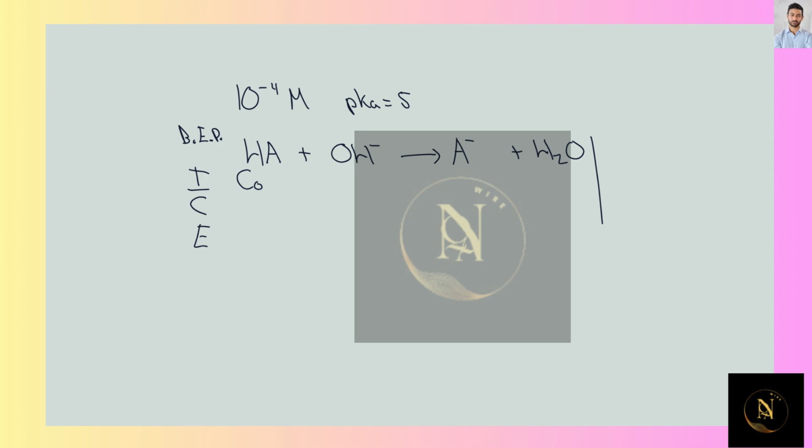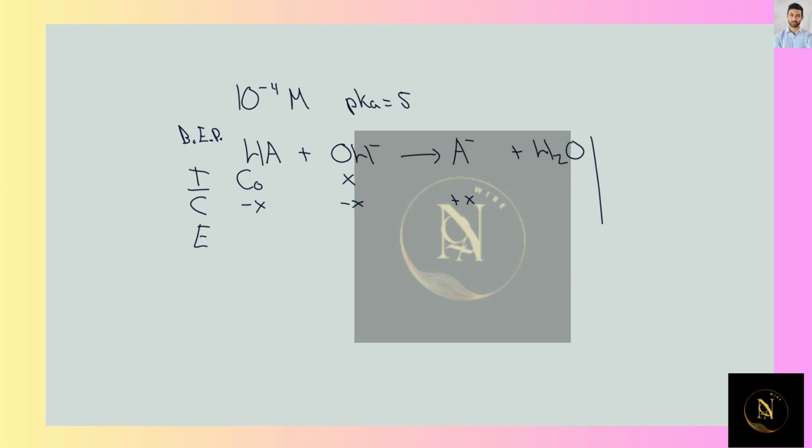You're going to add a fraction x of OH minus that is going to be smaller than C0. So you're going to have a change on the weak acid HA of minus x, and you're going to produce plus x of the conjugate base.